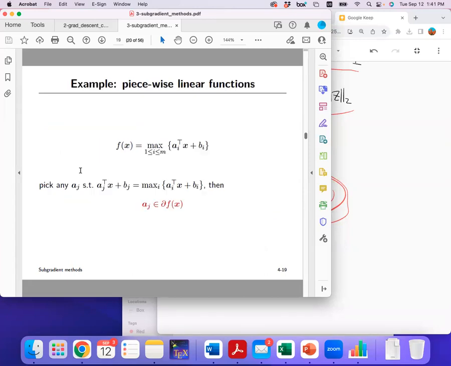For example, we can use that to consider the pointwise maximum of linear functions. This function f(x) is a piecewise linear function. It's defined as a maximum over a bunch of linear functions. It's a pointwise maximum, and you can follow that subdifferential rule to calculate the subdifferential.